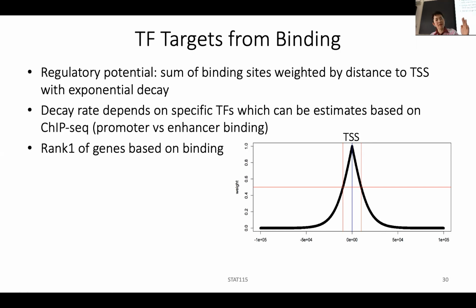And then for every distance, it decays even more, it's exponential. And so you can sum all the binding sites weighted by their distance with this exponential decay to say, based on the binding, how likely is this gene a target of the transcription factor you are interested in?